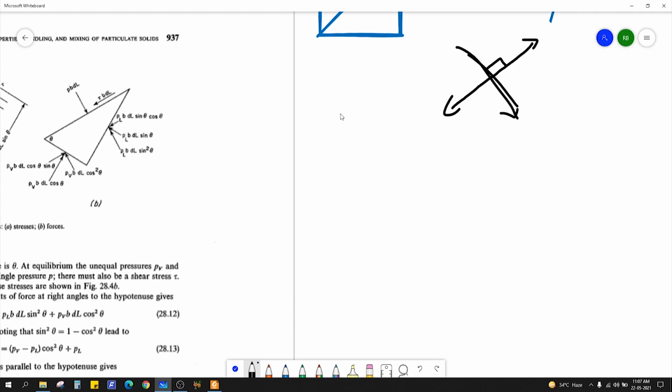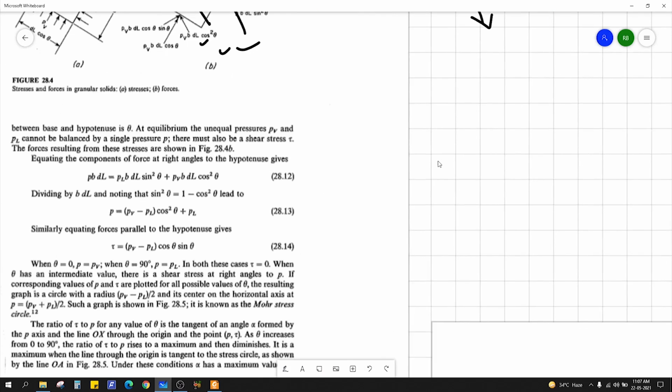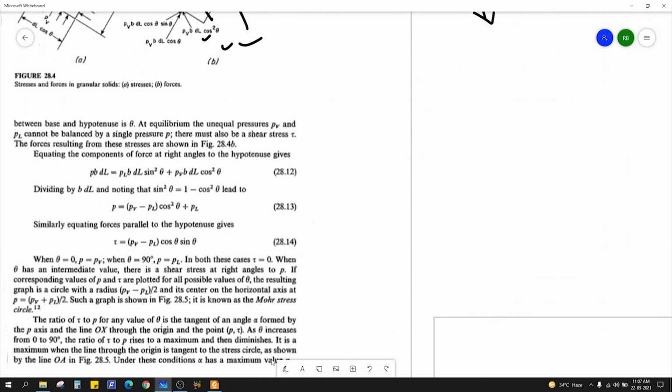We have this force, right? And in this direction we have this one opposite to that, and this one, right? So this is equal to this plus this. So you can see here, PBDL is equal to this. Okay, so we have got the first equation, right? Similarly, just divide by BDL on both sides, and you can simplify it to this.